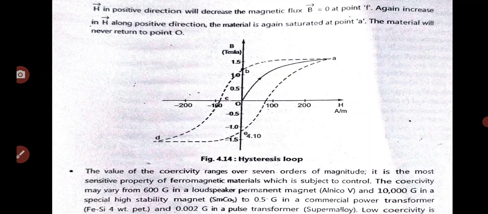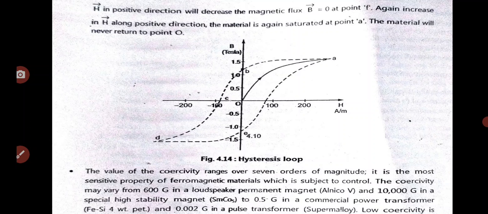Okay, so this is known as the hysteresis loop. We have to understand the concept of what is meant by the hysteresis loop, how the material shows different properties at different points, and how to determine the properties from the hysteresis loop.